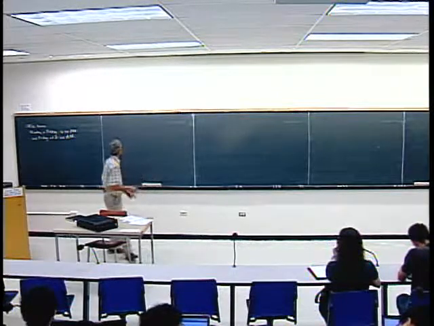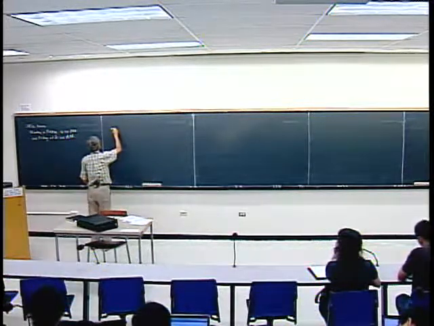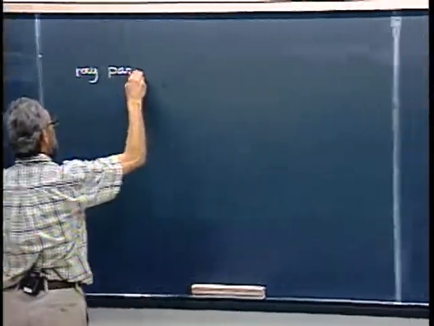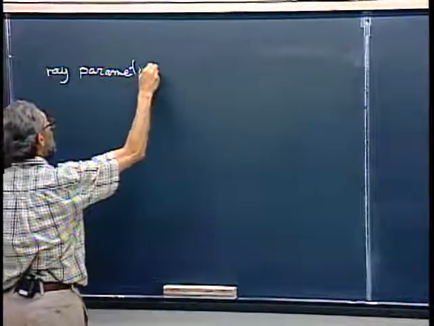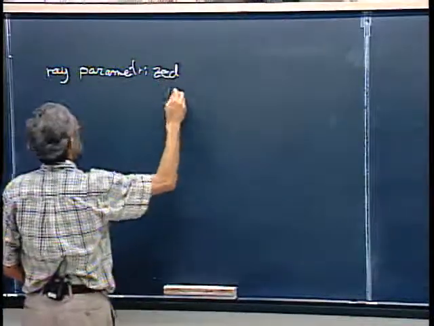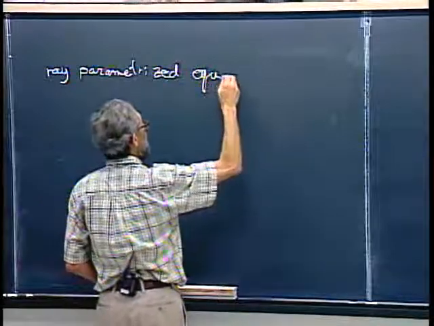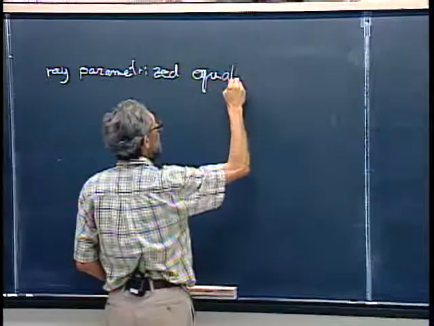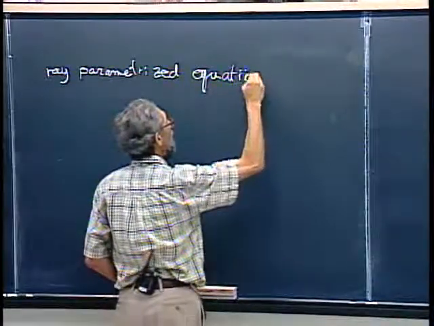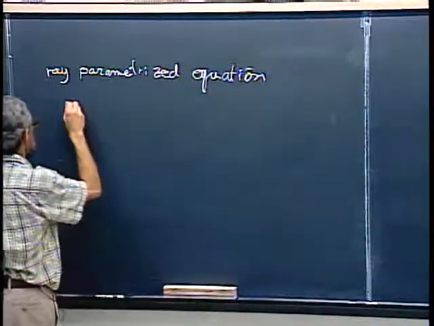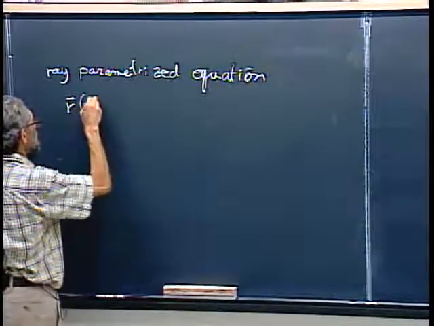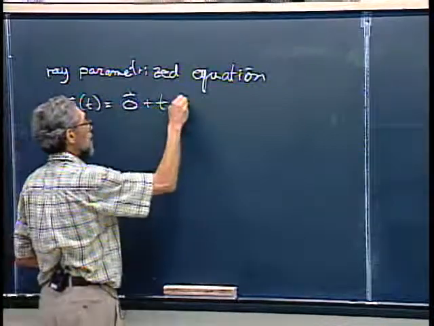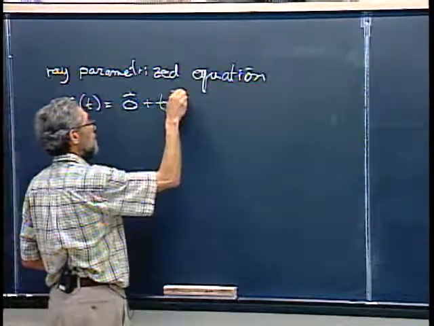But in general, if we have a parameterized ray equation, the ray as a function of the distance parameter is the origin plus the distance times the unit direction vector.